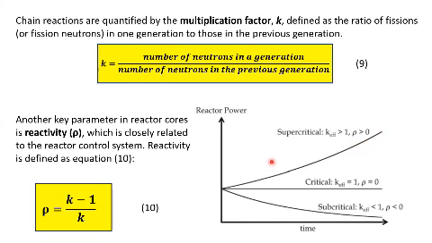When the desired power level is achieved, K is maintained at 1 and rho at 0. To reduce the power or shut down the reactor, K is set below 1, or rho is set below 0.